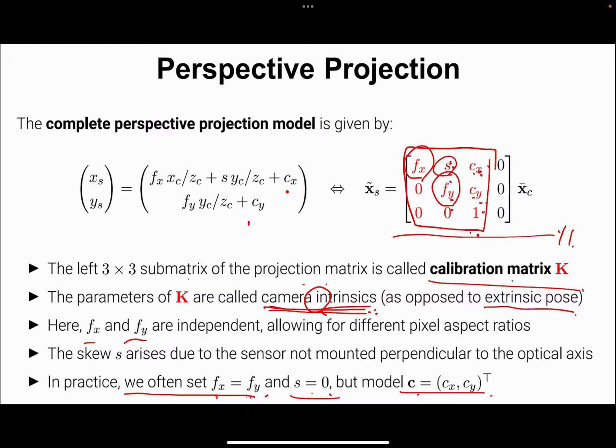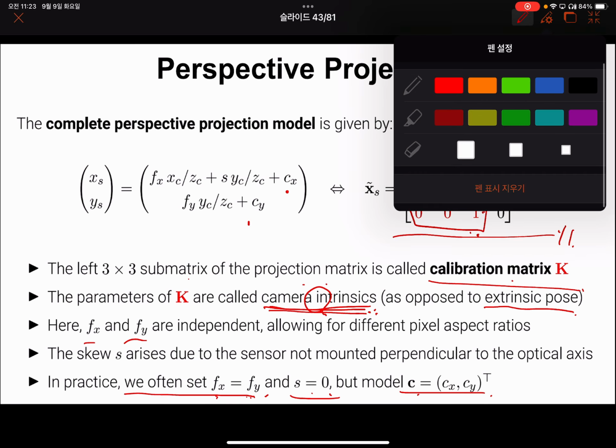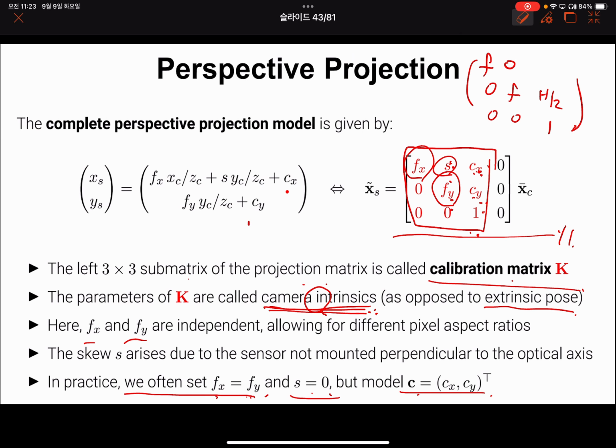So this is a very generalized form, but this is what people usually use.